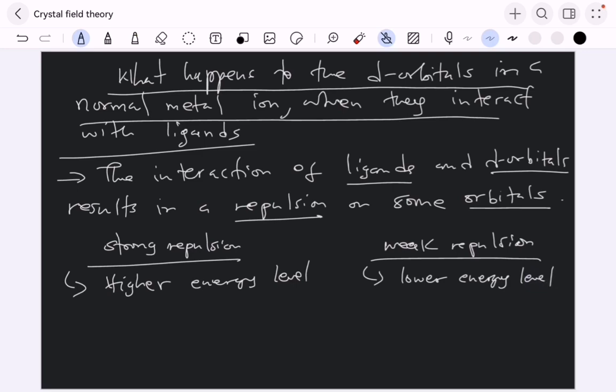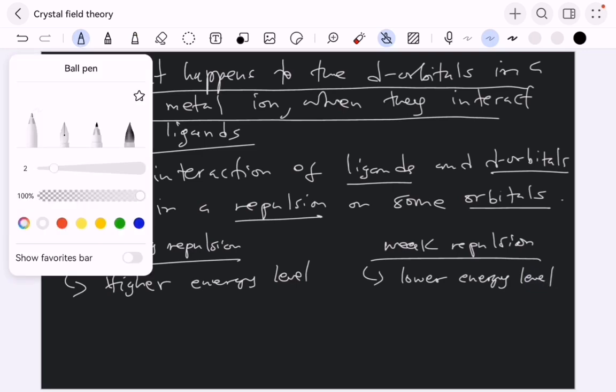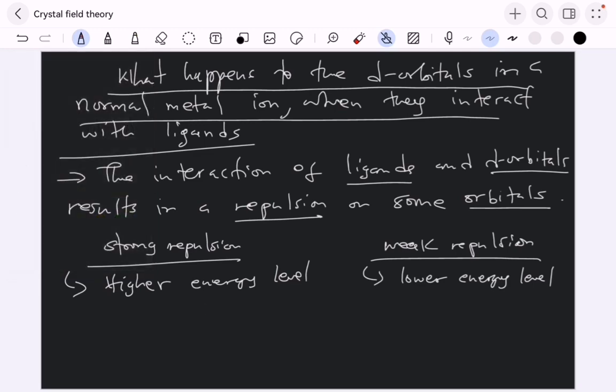Now, which of those orbitals will experience a higher energy? I'm going to give more information as to why it happens like that. So here we have the dx squared y squared and the dz squared. All these together are known as the EG set.